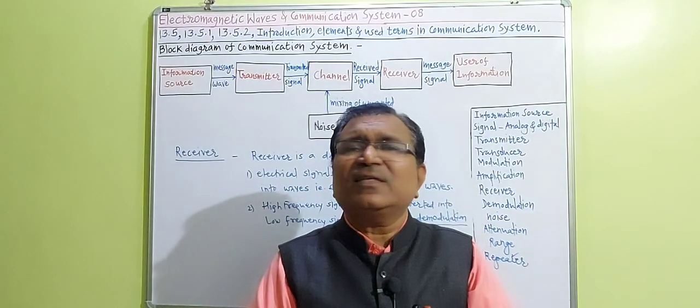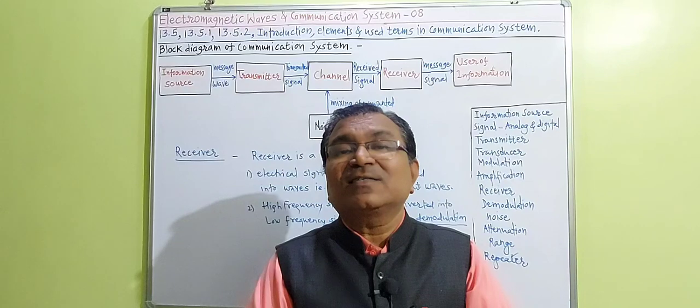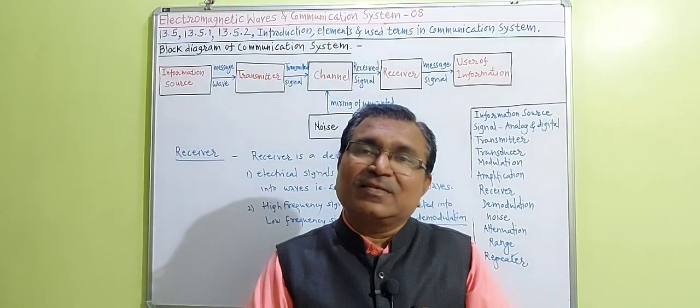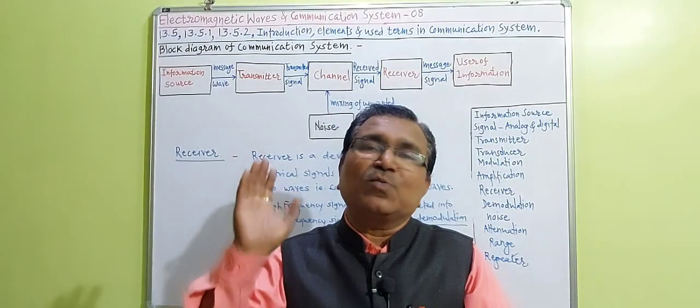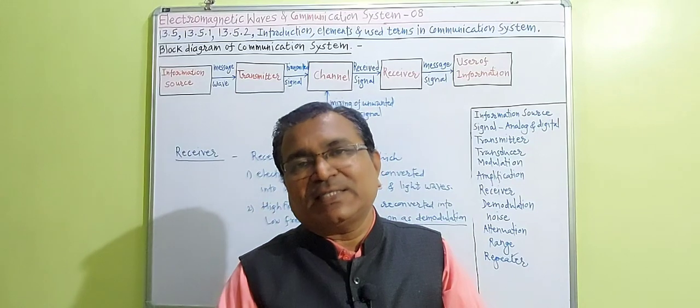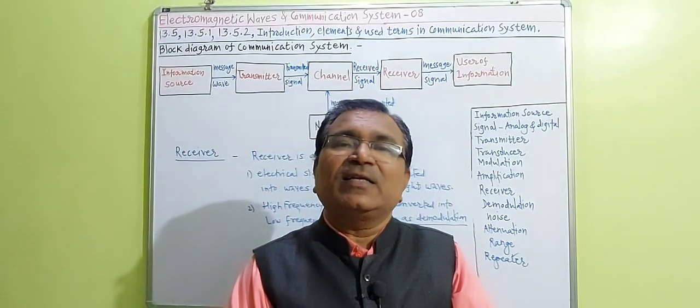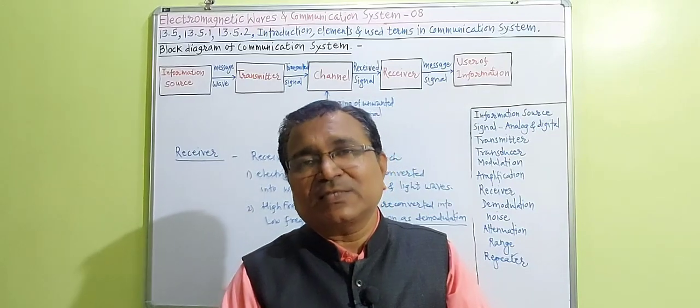So in this way the communication of sound waves and light waves is satisfactorily possible by making use of a communication system, and this is the most important block diagram you should keep in mind always while learning further articles regarding communication system, dear student.